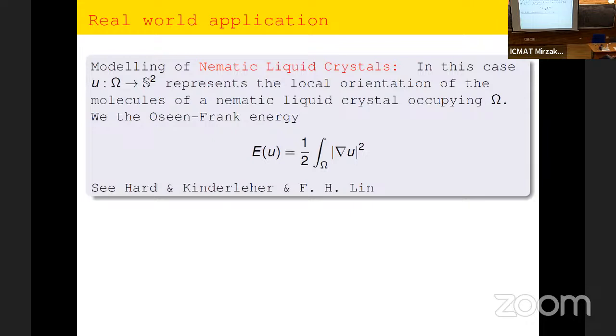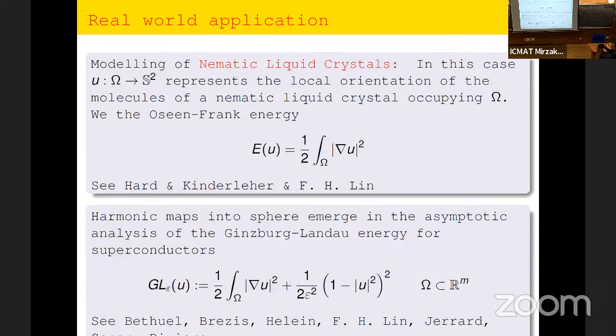Reducing all the physical complexity, the simplest energy is exactly the harmonic map energy. And this energy, despite its simplicity, is still able to capture many physical features of liquid crystals, for instance, the emergence of singularities, which are usually called defects in this context. Okay, this is one application.